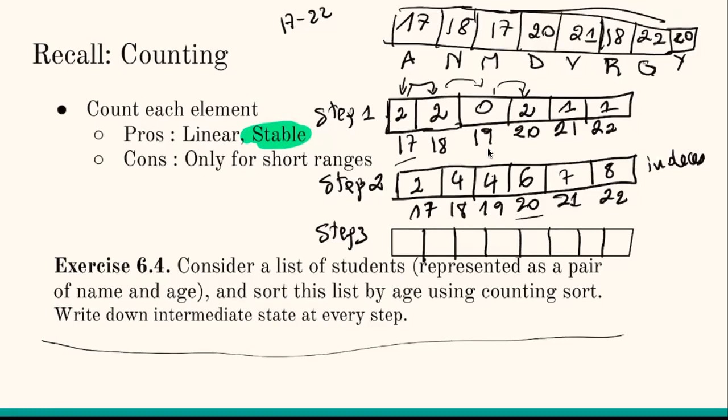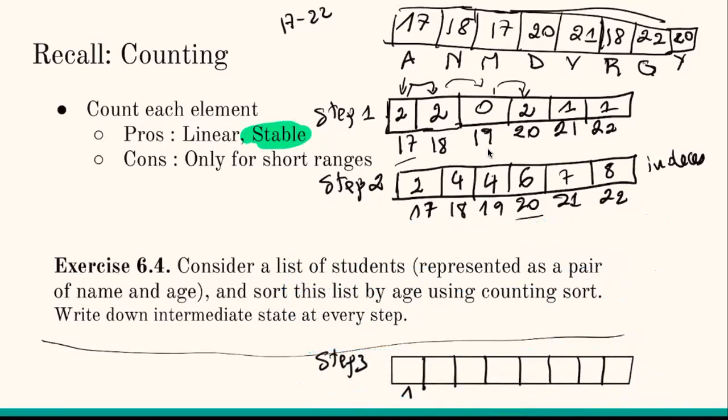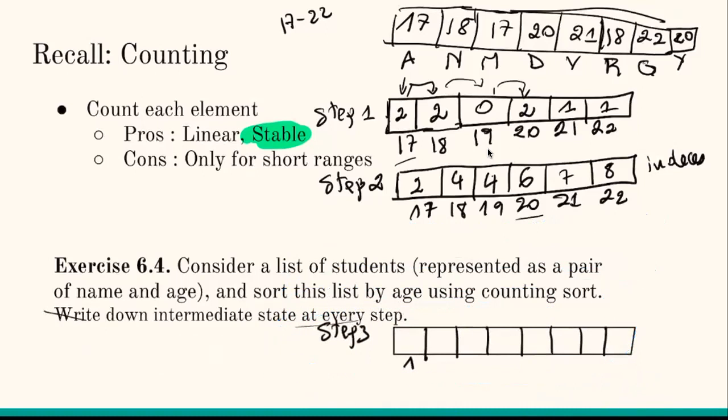So I have indices from 1. Let me put this where it will be visible, everybody. So we have our indices from 1 to 2, 3, 4, 5, 6, 7, 8. Okay, so what should we do next?